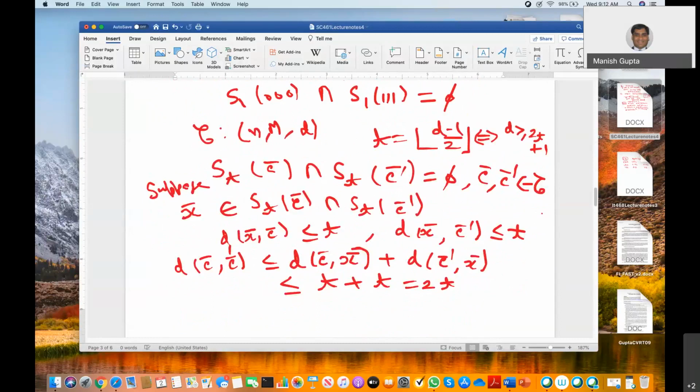But here what we are getting, the distance between C and C prime, both code words, cannot exceed 2t. So this is a contradiction, and hence our assumption that these two are not disjoint is not correct. And hence S_t(C) intersection S_t(C prime) is phi. They are disjoint.